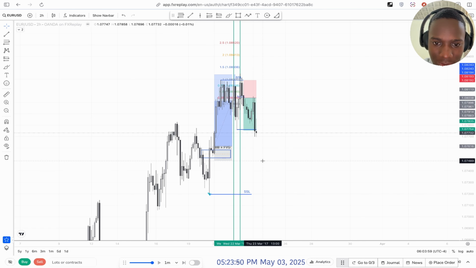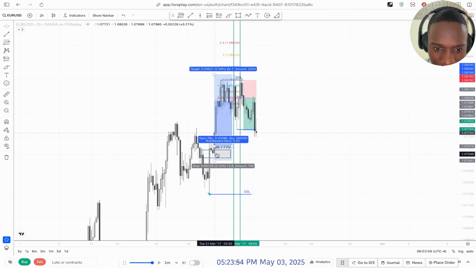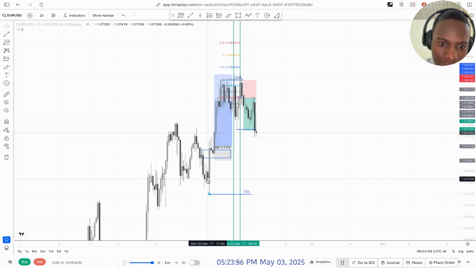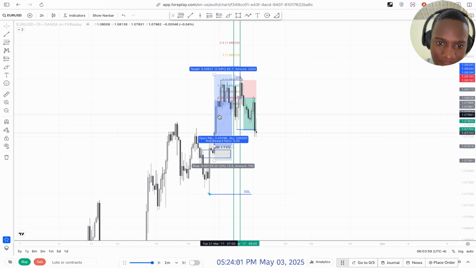But my anticipation would be that the market would continue dropping, at least take out this low or drop onto this order block right here, because since this fair value gap has been retraced, it's no longer valid.